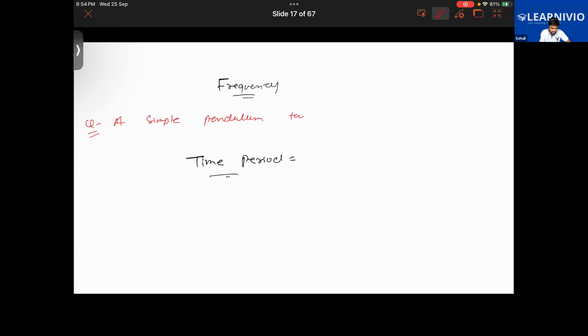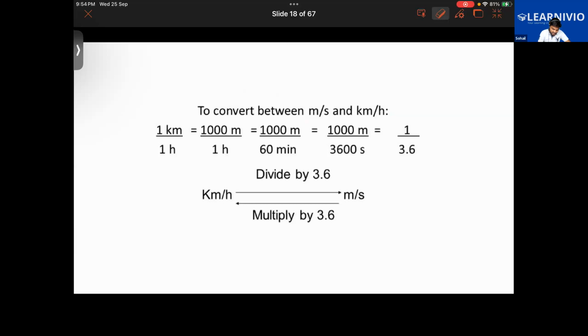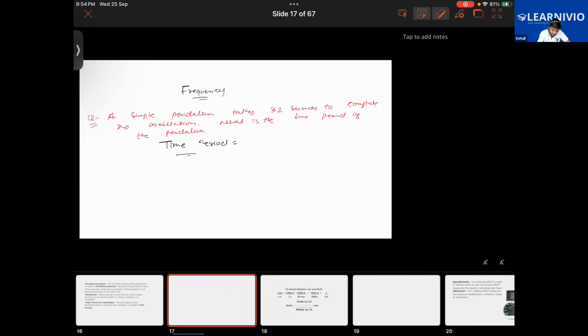We have to find the time period of the pendulum. First, you guys try it, and then I will help and I will tell the formula as well. First of all, try to use the logic here and try to do it.